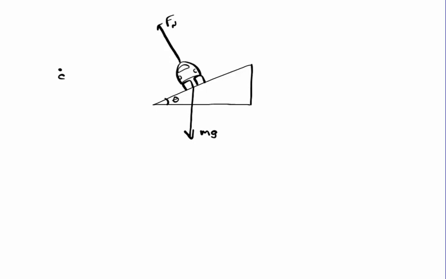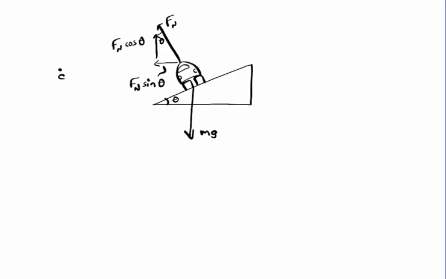However, I do have an angled force, which should have components. And this angle is going to be equal to this angle because of similar triangles, which means that this is going to be the normal force times the cosine of the angle. And this one down here is going to be the normal force times the sine of the angle because it's the opposite side from the angle.